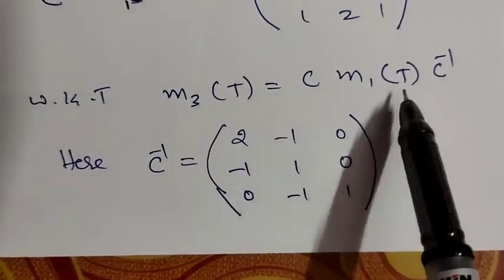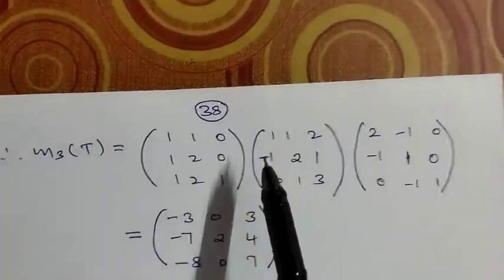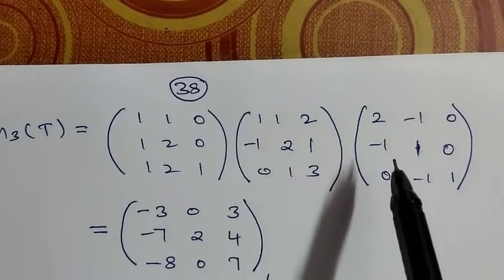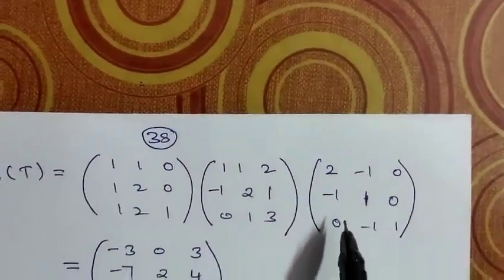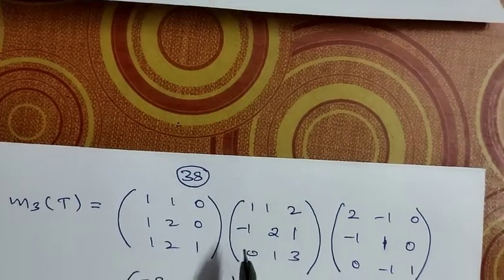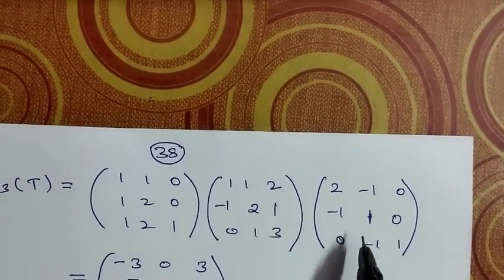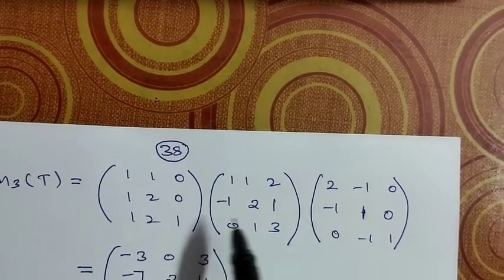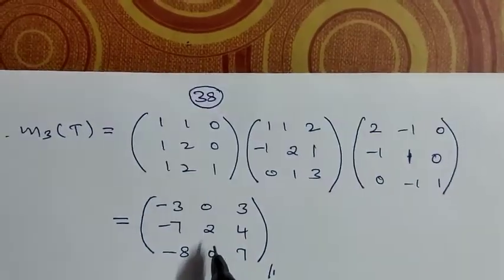You substitute all the values, so M3 of T is equal to C into M1 of T into C inverse.